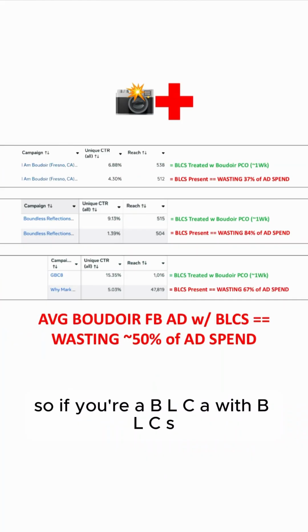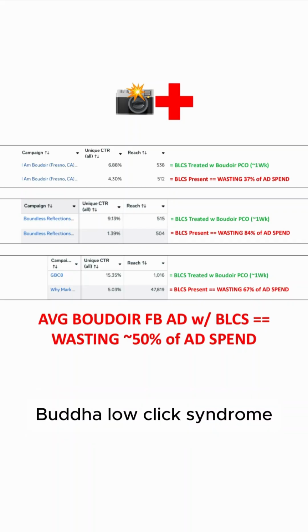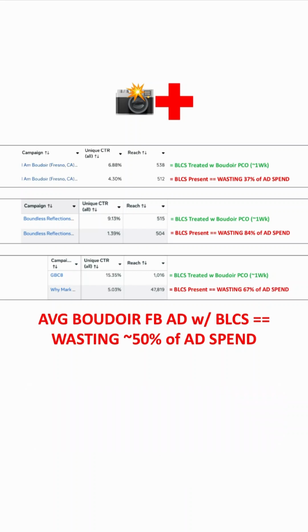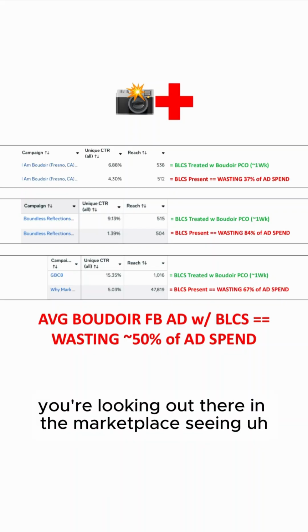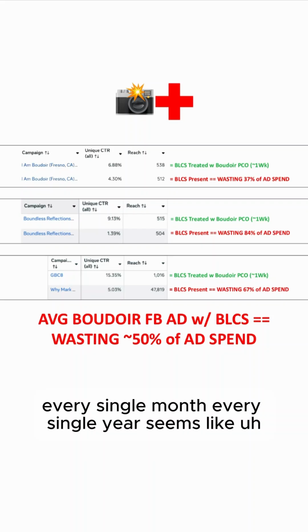So if you're a BLCA with BLCS, if you're a Boudoir low click advertiser with Boudoir low click syndrome, your Boudoir Facebook ads have a unique CTR under 6%, and you're looking out there in the marketplace, seeing it's getting more saturated every single day, every single week, every single month, every single year.